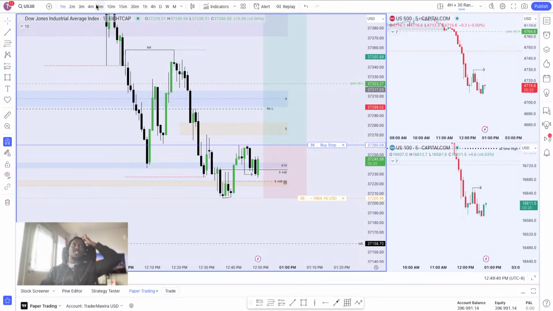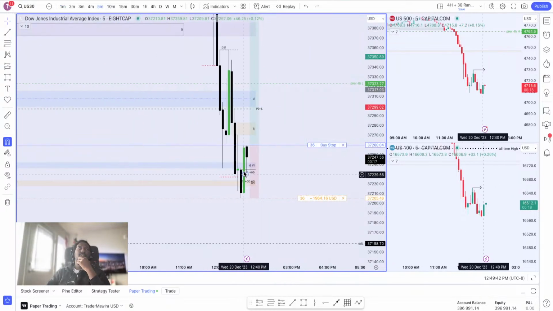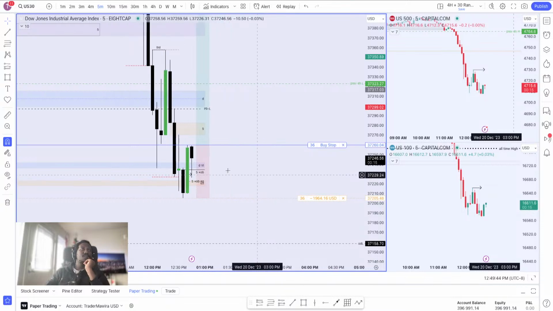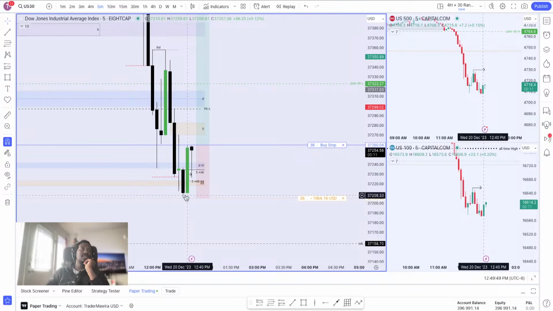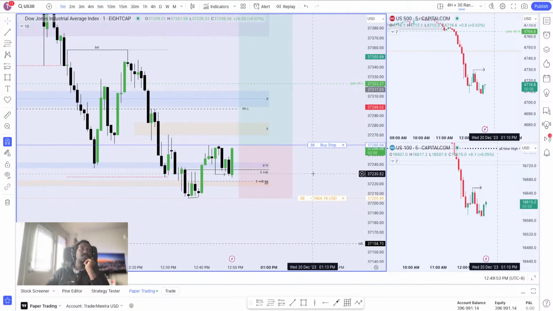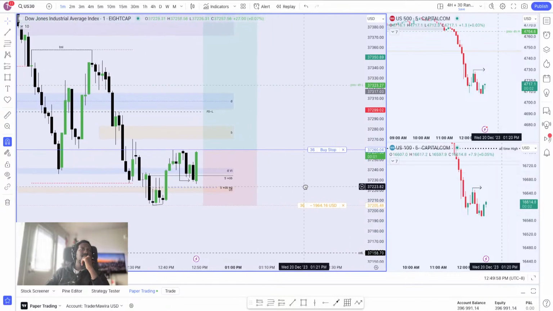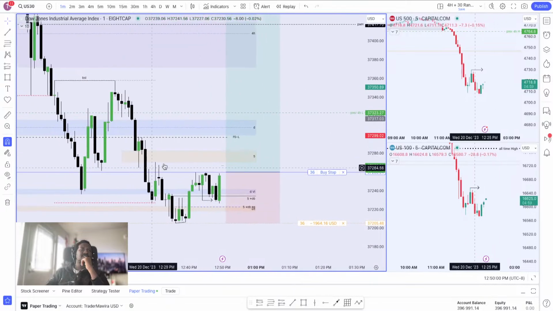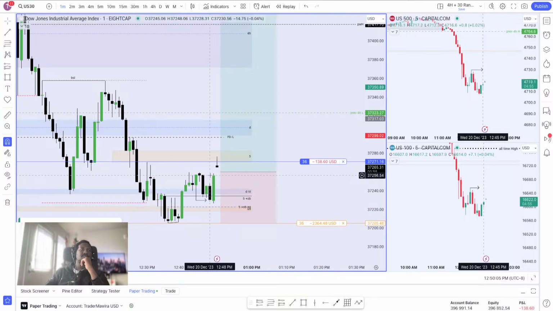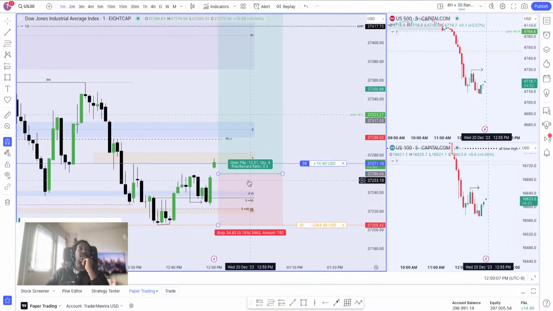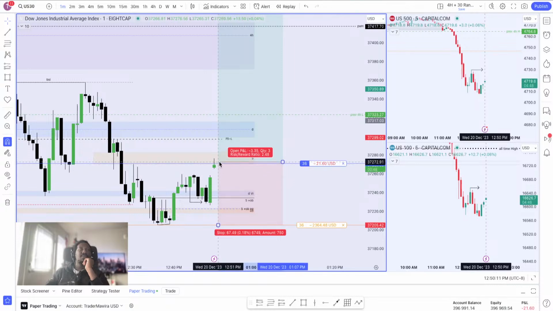So anybody using that 5 minute order block as your buy, they are in this trade as we speak. The stop loss just below that low, and we are about to get tugged in. So let's see if they'll give us a good price. Oh my gosh, did you see that gap up? So that was the best price that they gave us. So our entry is now up here.